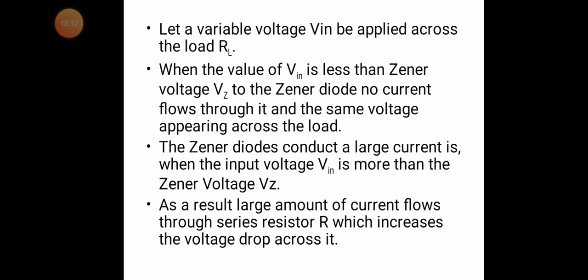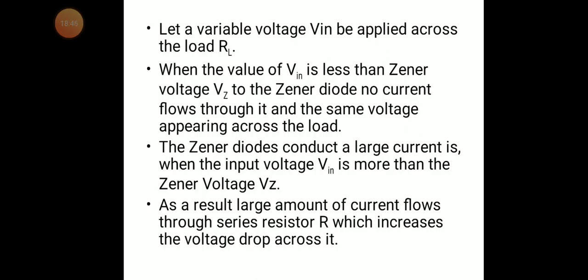No current flows through the Zener diode, and the same voltage appears across the load. Before the Zener breakdown occurs, the Zener diode acts as an open circuit. Whatever voltage we apply, the same amount appears across the output side, because the Zener diode is not in the breakdown region.